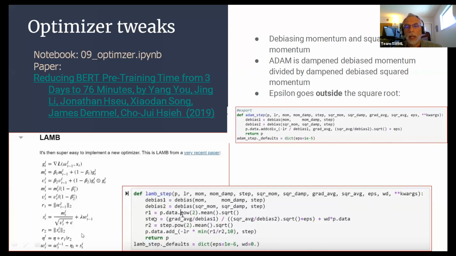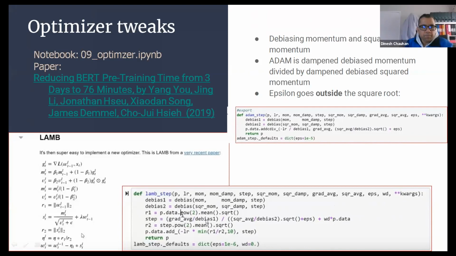Here's what's going on in LAMB then. The step is the average gradient debiased divided by the square root of the average squared gradient debiased, with this little epsilon, and then you add a weight decay times p dot data. I'm not sure what p dot data is. WD is the weight decay constant, a hyperparameter.